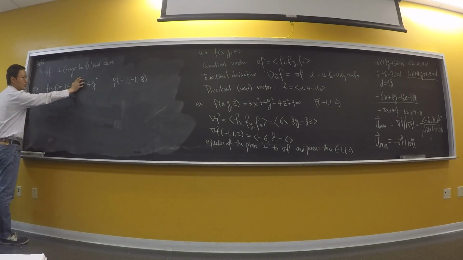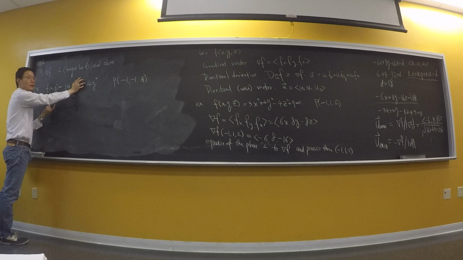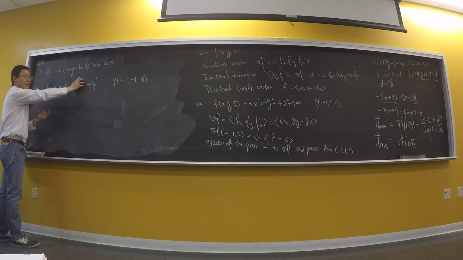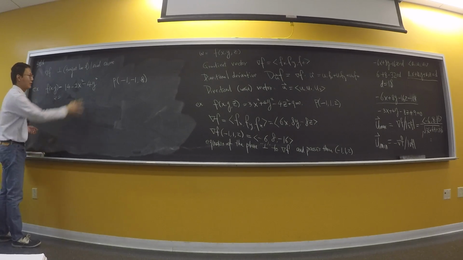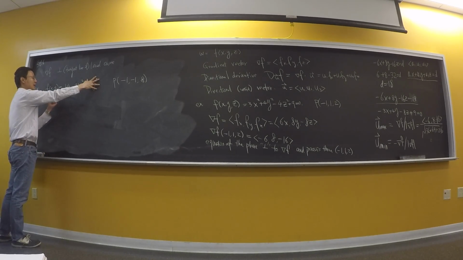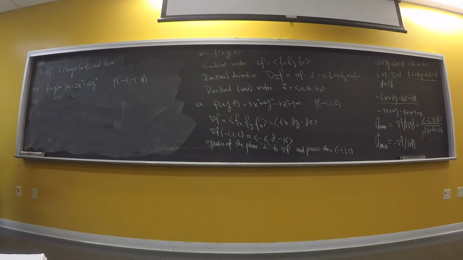If I make x equal to 0, you're getting z equal to 14 minus 4y squared. This is a parabola opening downwards on the yz plane. If I make y equal to 0, I'm getting z equal to 14 minus 2x squared. It's still a parabola on the xz plane, opening in the negative direction of the z-axis.